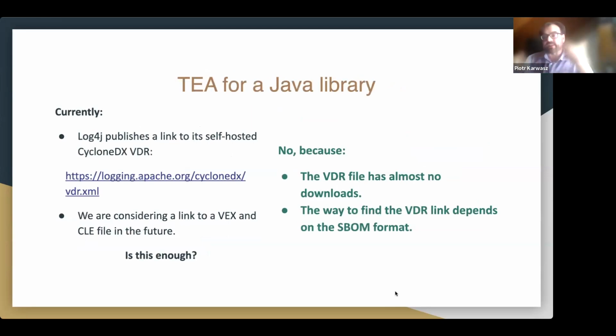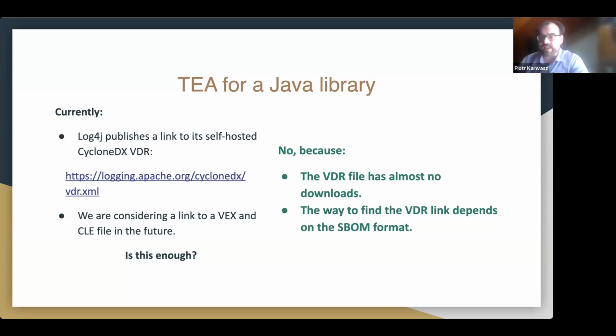And here is the second usage I find useful for TEA. Log4j actually doesn't just publish an SBOM like many other projects. We looked at the result of what the plugin gave us, and we said, hey, in the standard I find a lot of nice features like sharing other documents. How can we do that? Well, it wasn't possible.